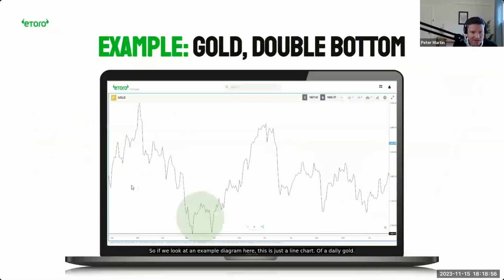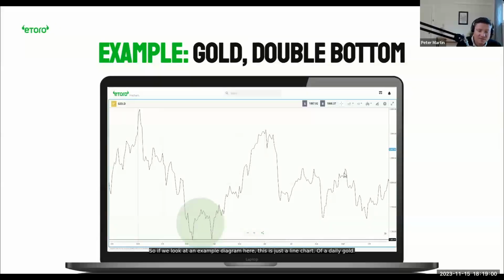So if we look at an example diagram here, this is just a line chart of daily gold, and we are looking at March and April 2022 in that highlighted area. We've got a double bottom formation. In late 2021 through to February 2022, prices were falling very steeply.